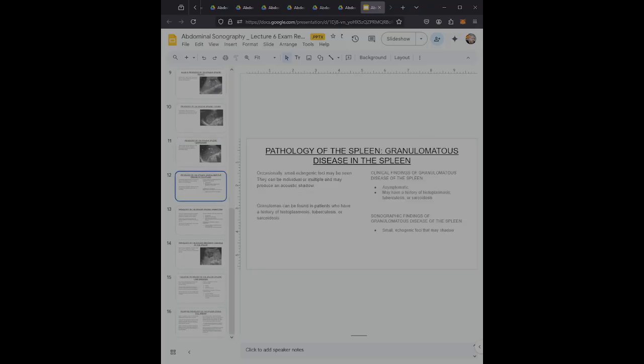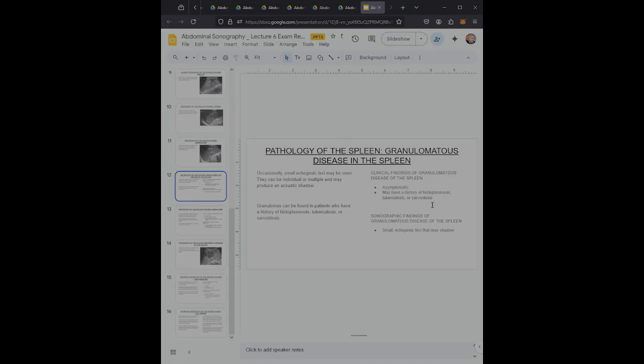Granulomatous disease. Occasionally, small echogenic foci may be seen throughout the spleen. These small foci often represent granulomas. They can be individual or multiple, and granulomas can be found in patients who have a history of histoplasmosis, tuberculosis, or sarcoidosis.